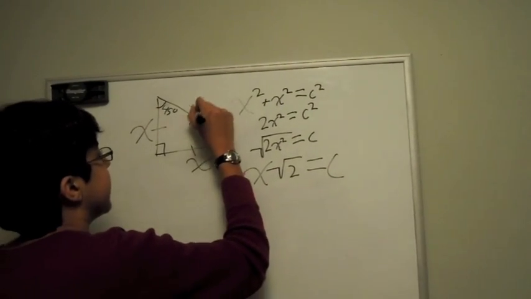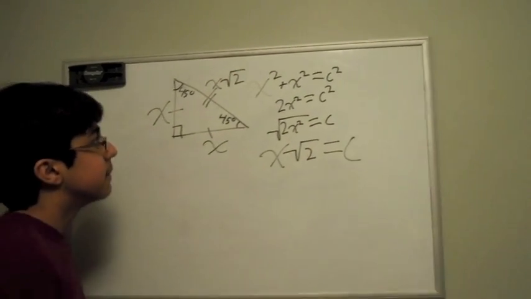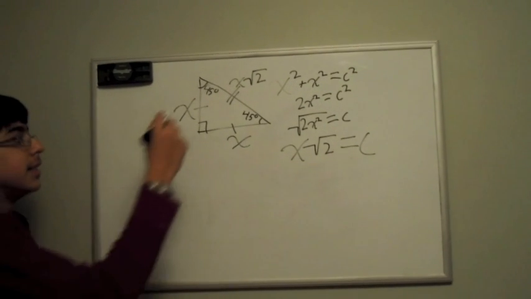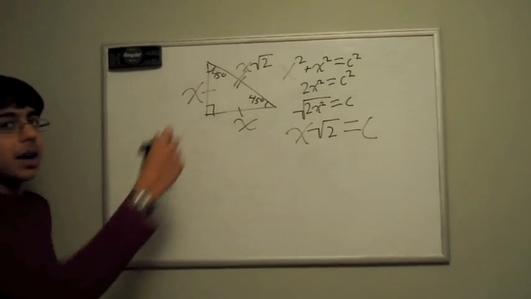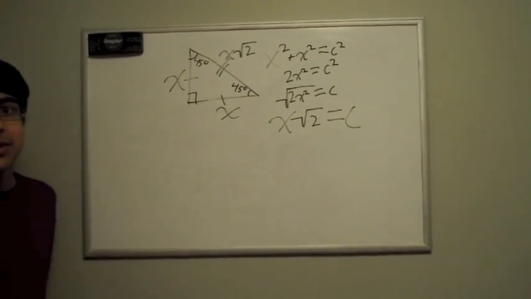And we get this length of x root 2. The way these lengths are set up are extremely useful on tests like the SATs. It is also handy to know.